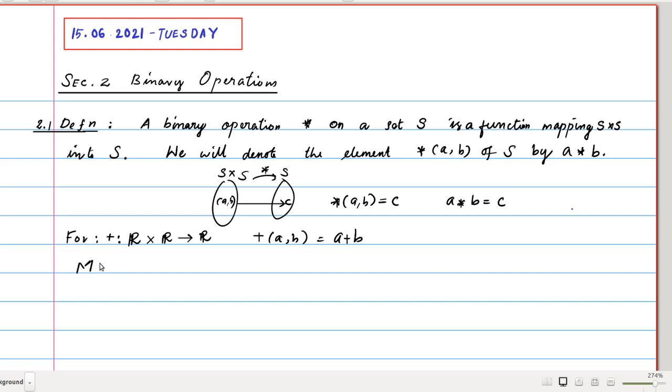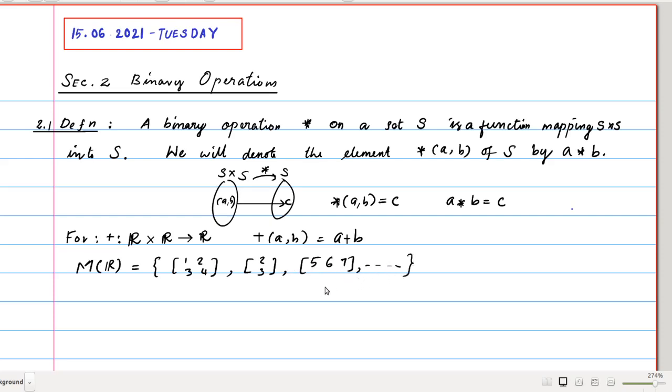And if we consider the set of all matrices with real entries, that is denoted by M of R. Okay, so this is the set of all matrices with elements from R. This set consists of, for example, 1 2 3 4, and some 2 3 5, and 5 6 7, etc. These are some of the members of this set.